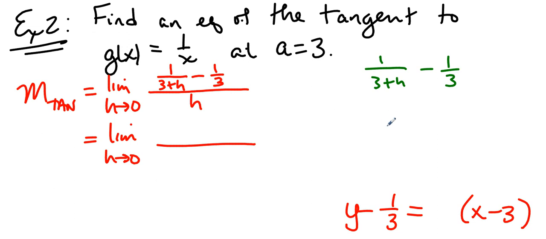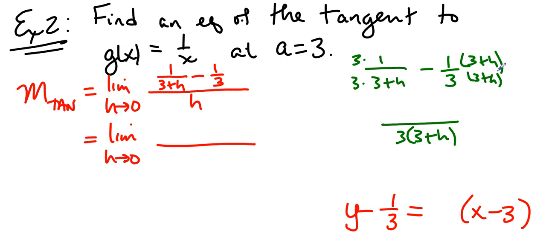We find ourselves a least common denominator, and that's just the product of the two denominators. So this needs a 3, and this needs a 3 plus h. And so this is 3 minus 3 plus h, and this turns out to be negative h.